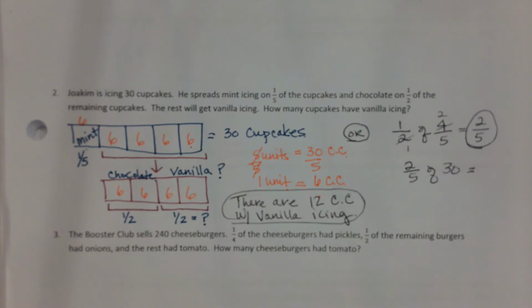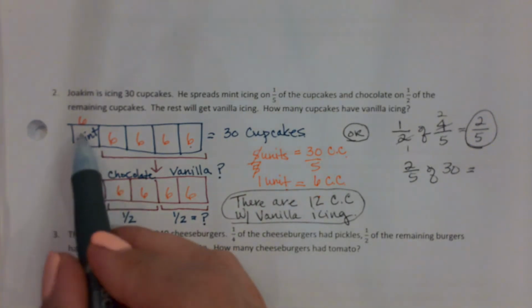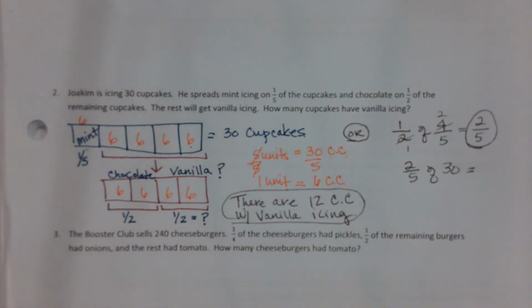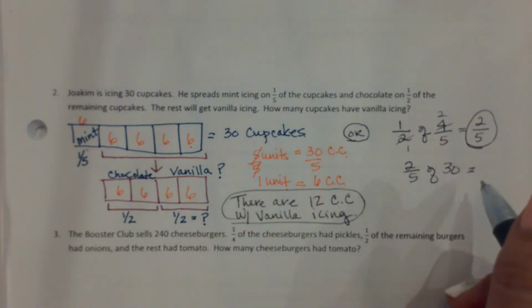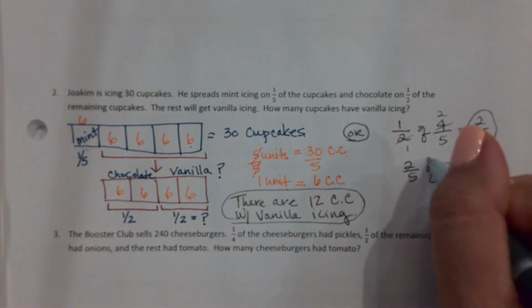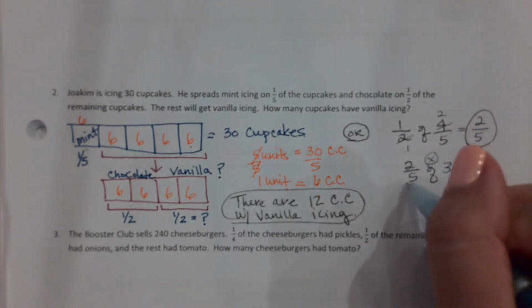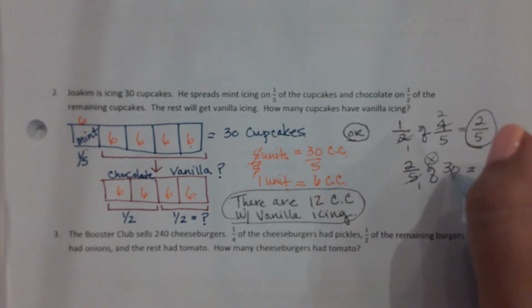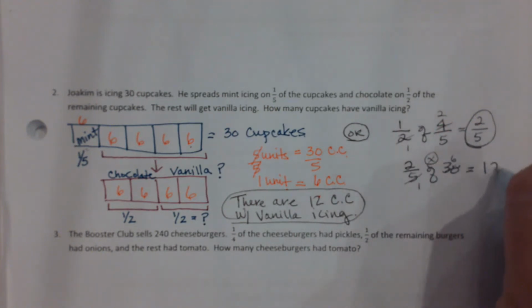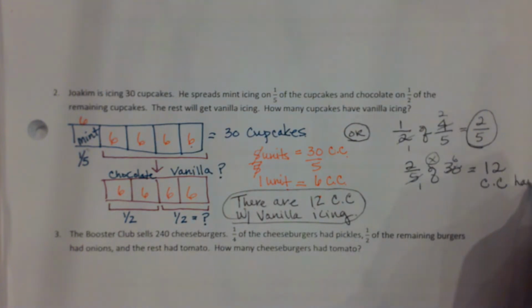So 1/5 of 30 is 6. We know that. 1/5 of 30 is 6. So 2/5 of 30, well, we already know it's 12, right? Well, we're going to change this to a multiplication sign. We're going to go ahead and cross cancel. 6 times 2 is 12 cupcakes have vanilla icing.